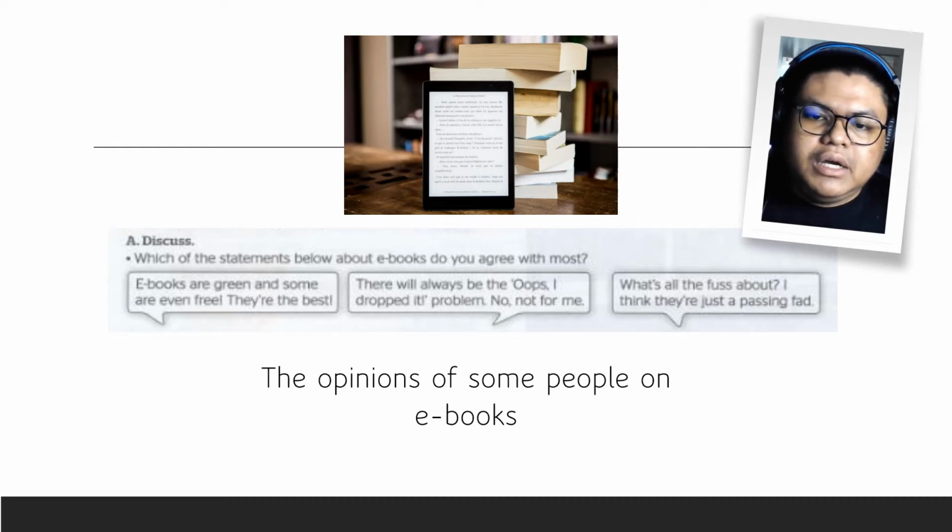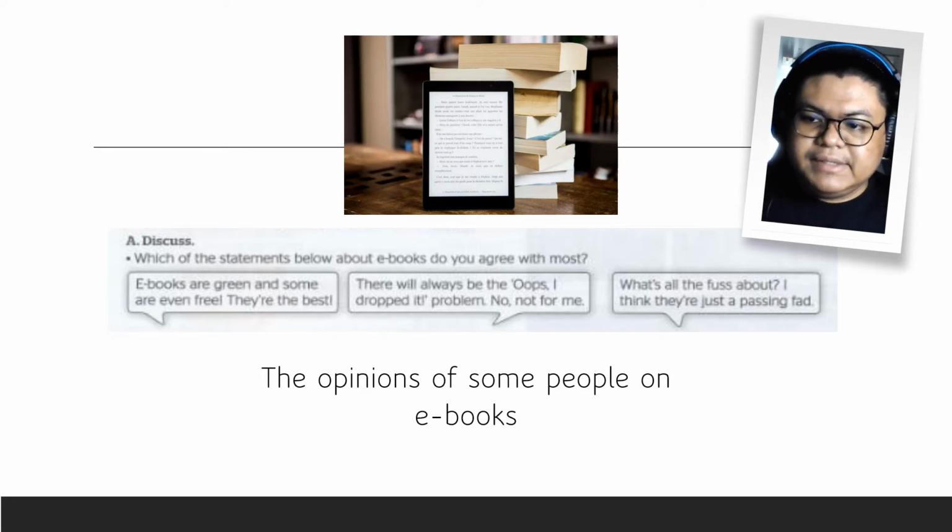Okay, so what you have to do now is to look at these opinions. Okay, awak lihat di sini, which of the statements below about ebooks do you agree with most? Okay, so kalau awak tengok kat sini, ini adalah pendapat, ada tiga jenis pendapat berkaitan dengan ebooks.